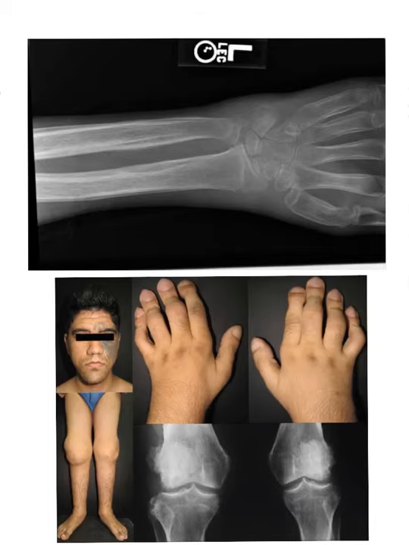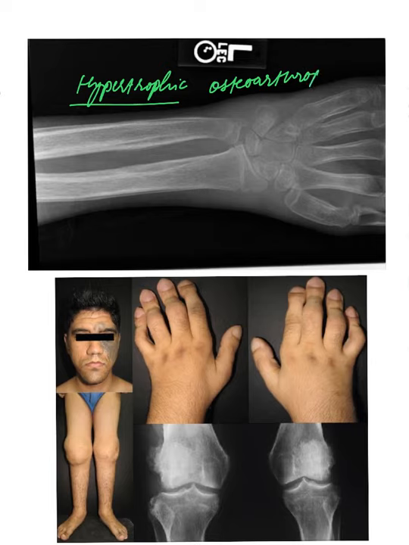Now this image is depicting hypertrophic osteoarthropathy. If you remember, we came across this term in grade 4 clubbing, hypertrophic osteoarthropathy. So just as in response to hypoxia and PDGF, the subungual tissue starts proliferating, similarly the connective tissue beneath the periosteum, the subperiosteal connective tissue, responds to hypoxia and vascular endothelial growth factor.